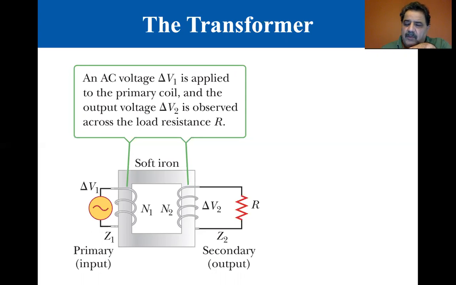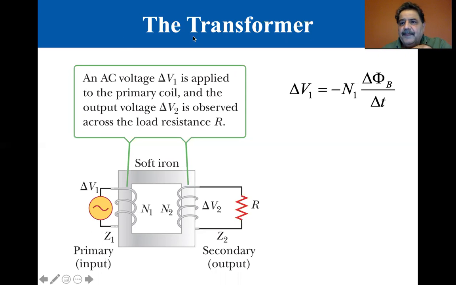But when you turn on the power to the transformer, you get the induced voltage shown here. Delta V1 is equal to minus N1, where N equals the number of turns, times delta phi over delta T, the change in magnetic flux over time. You remember, if there's no change in magnetic flux, you have no induced voltage.